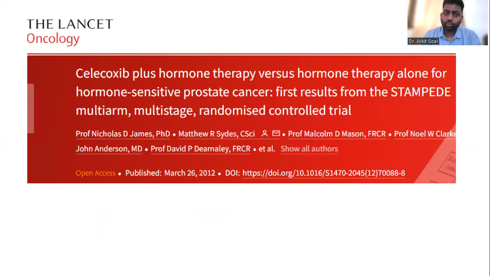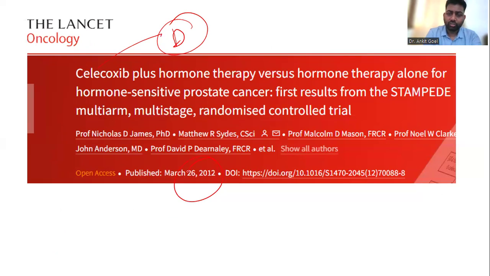Now, the first result which we were talking about was published on arm D, celecoxib, the diclofenac group of drugs. It was published in 2012. Recruitment started in 2005 and continued till 2012, when the data was published in the Lancet.